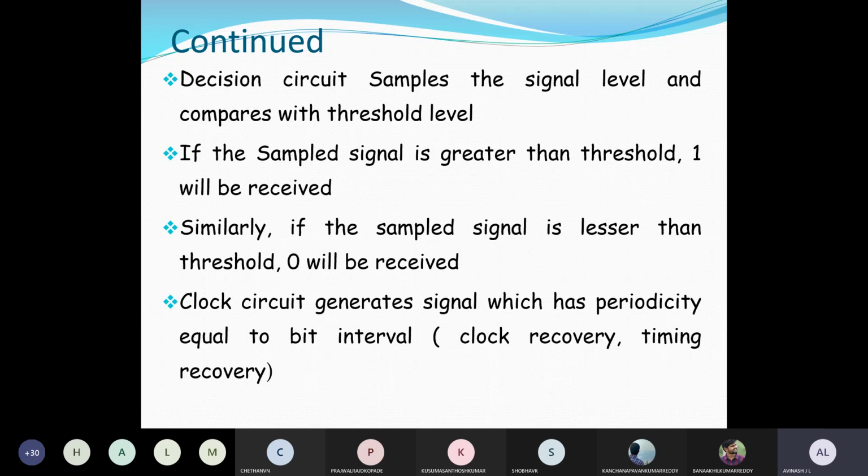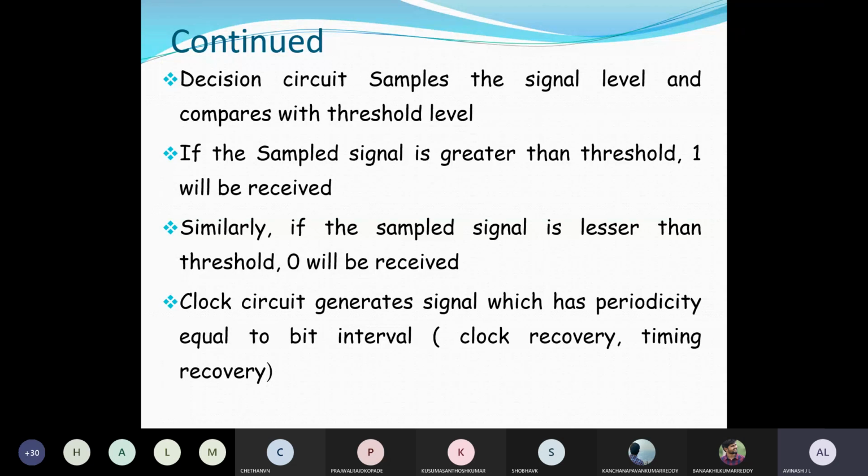The same time interval will be maintained in the clock signal also. That is exactly the meaning of the clock circuit generating a signal which has a periodicity equal to the bit interval.